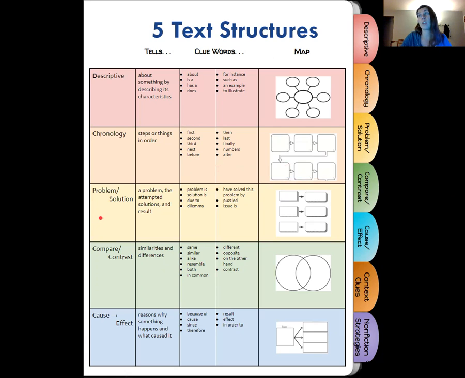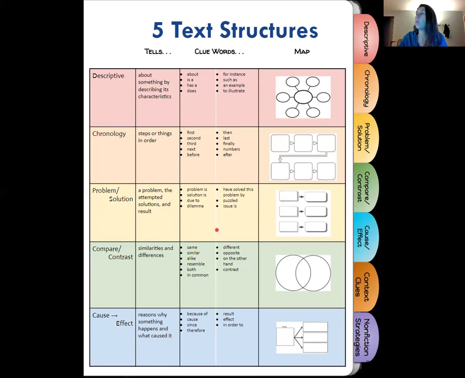The next text structure we will talk about is problem solution. The problem solution structure tells you about a problem, the attempted solutions, like what they try to do to solve the problem, and then the result, because things don't always get solved. They can have a resolution, but not always just a solution.